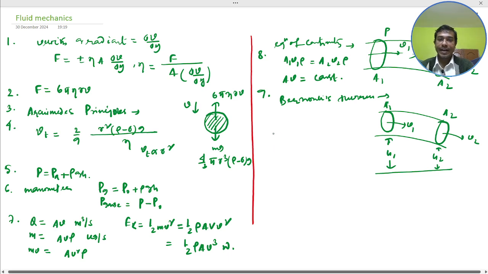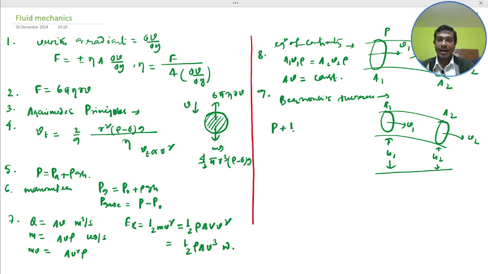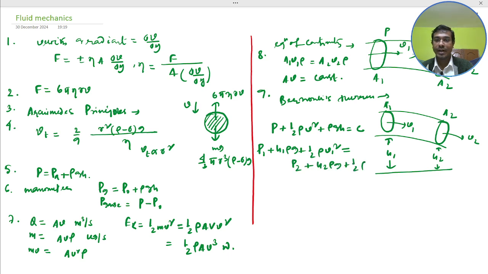Bernoulli's theorem states that P plus half rho v square plus rho gh is equal to constant. The expression is P1 plus h1 rho g plus half rho v1 square is equal to P2 plus h2 rho g plus half rho v2 square. This is Bernoulli's theorem.